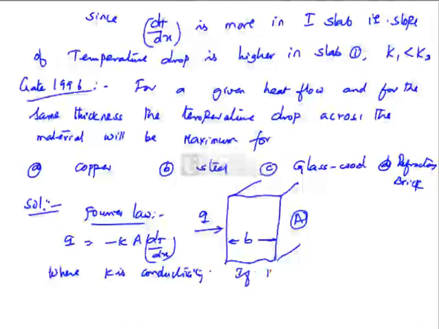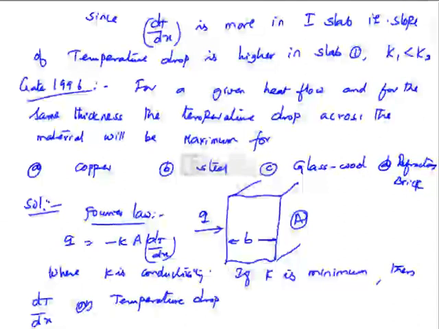If K is minimum, then dT by dx or temperature drop is maximum.